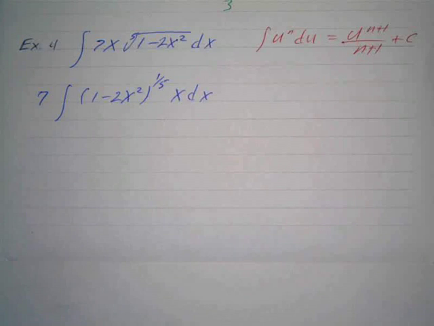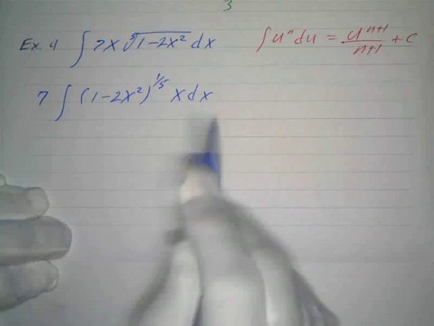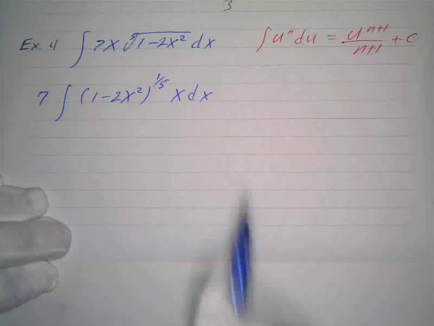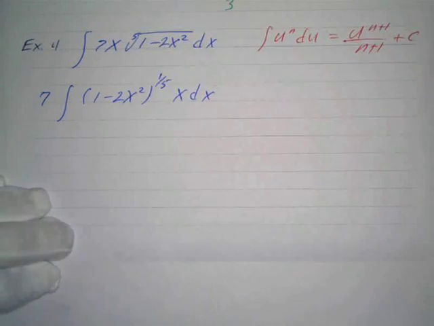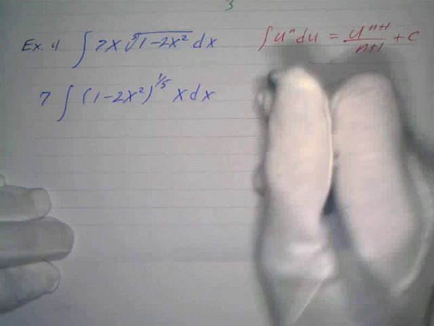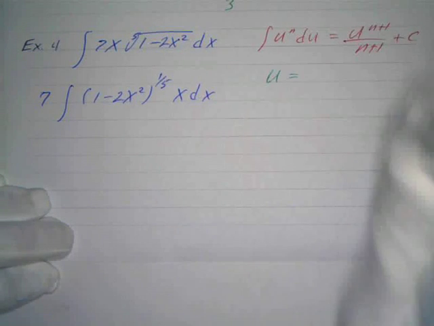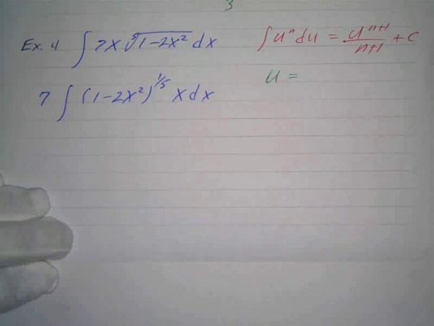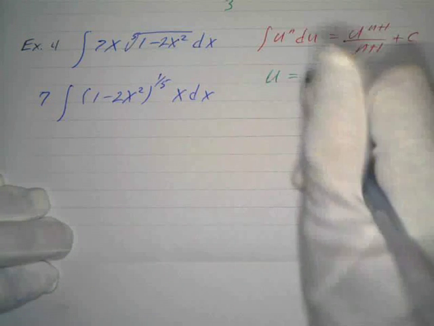Now when you see it like this, it's a much better form. It's almost ready to go. We have something to the n du, so we've got to match these up, but at least we have a good idea of what our u is going to be. So we let u equal 1 minus 2x squared.